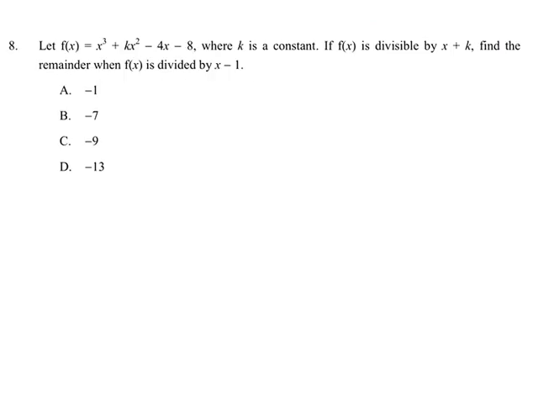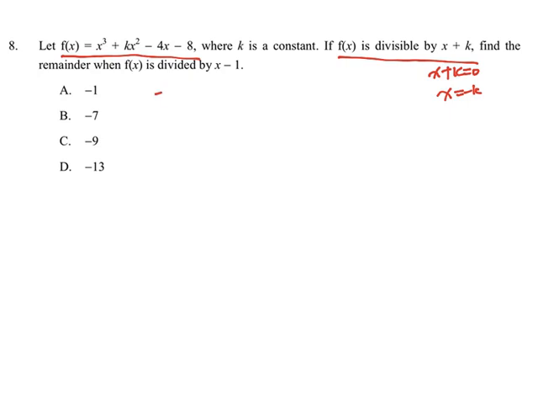Next question is about the polynomial function with power 3. First, f(x) is divisible by x plus k. So that means we'll substitute x equal to negative k into the polynomial, and divisible means no remainder.